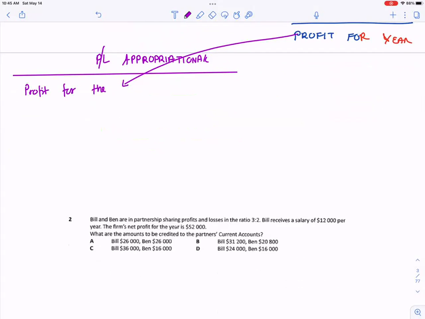Profit for the year. There are some other names that it is called by. It is profit after interest on loan. Just look at the words that I'm using. It is profit after interest on loan, or you can say it is profit before appropriation.